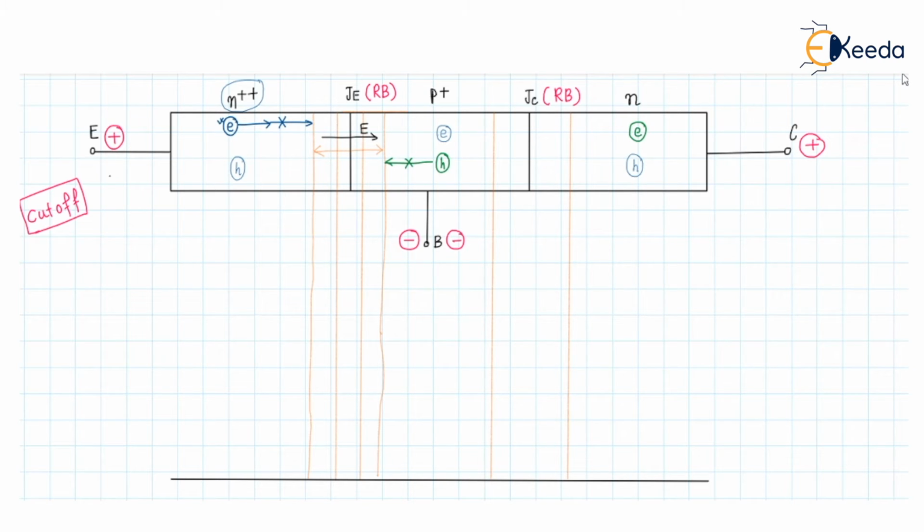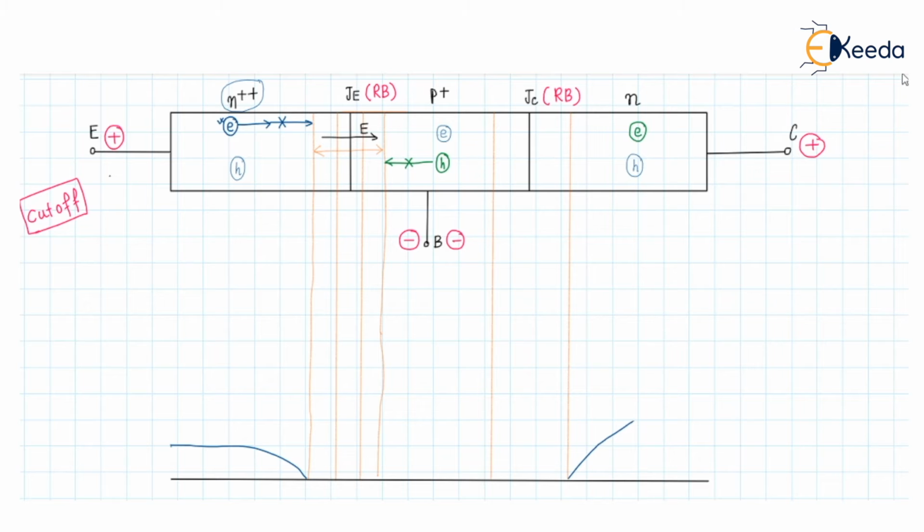So if we draw the minority carrier profile, since the JE junction is reverse biased, the minority carrier profile at the emitter will look like this, and the minority carrier profile of the collector region will also look like this.